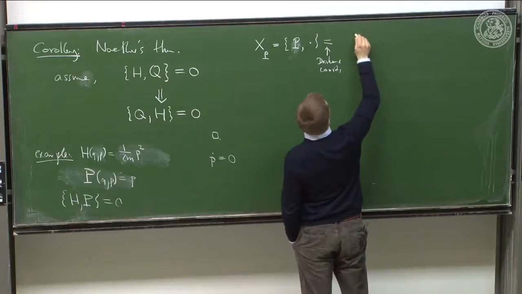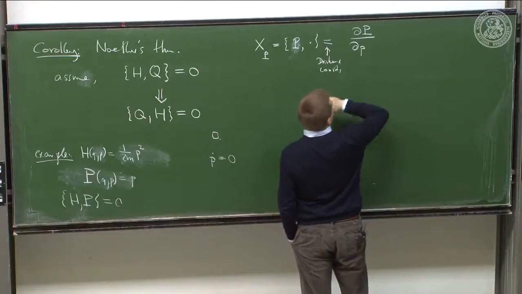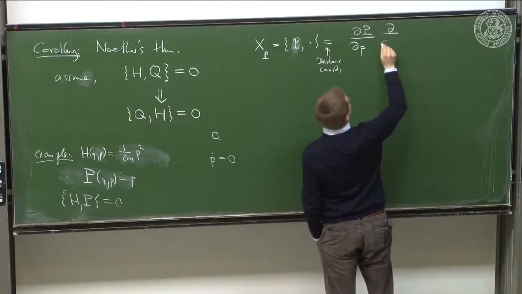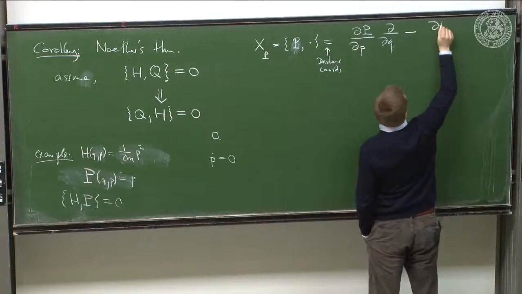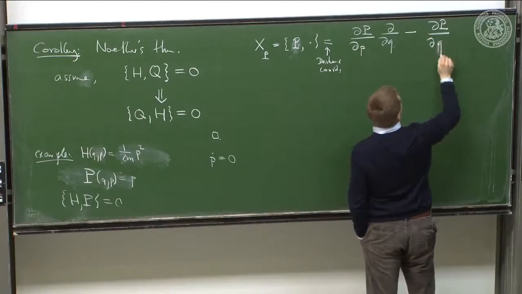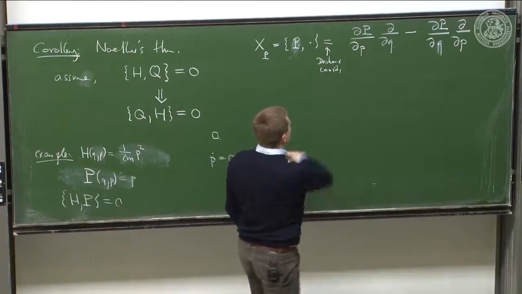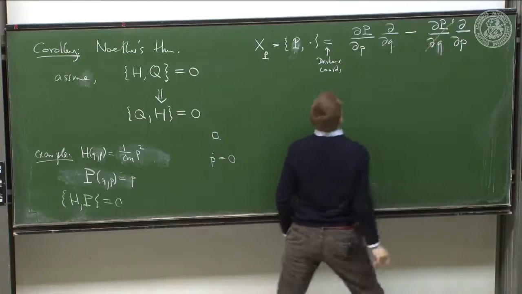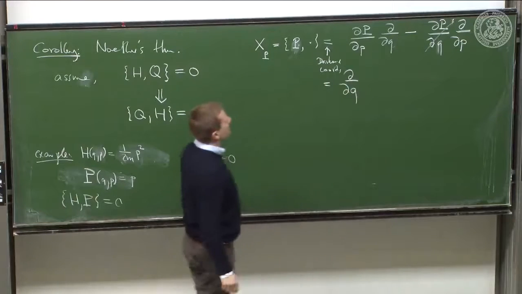So we get here dP by dp, yet now it's little p. There's usually an index, well now there isn't, d by dq minus dP by dq d by dp. Aha, but the capital P is just a small p, so this term goes out, that's 0, this term is 1, so this is d by dq.